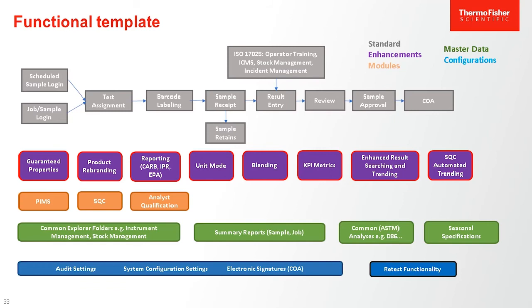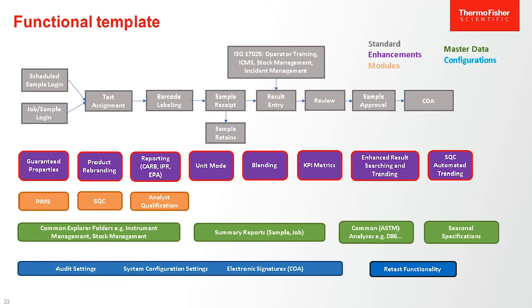Blending: we have a calculator where you can combine different products together at whatever percentage you would like, and it will estimate what the analysis result will be on that blended product. Of course, we have KPI matrix, we have enhanced research, we have SQC automated trending.